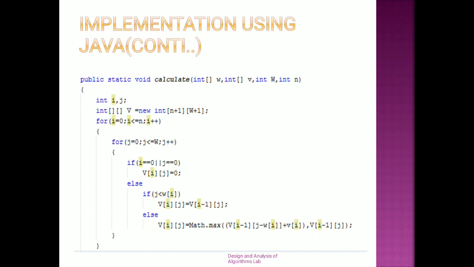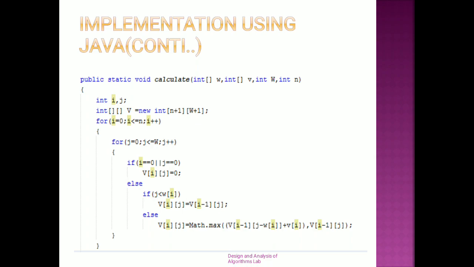That is, if i is equal to 0 or j is equal to 0, the table entry will be 0 itself. So in the first row and the first column, all the values must be 0, because there we are considering 0 items. Otherwise, there are two options. One is j minus w of i is less than 0, and the other is j minus w of i is greater than or equal to 0.